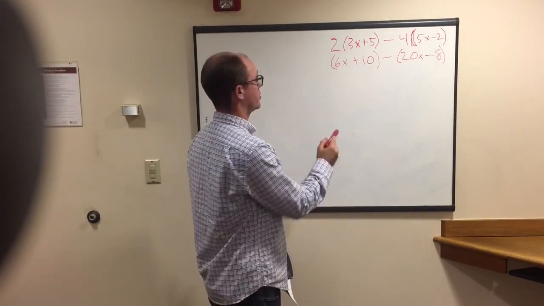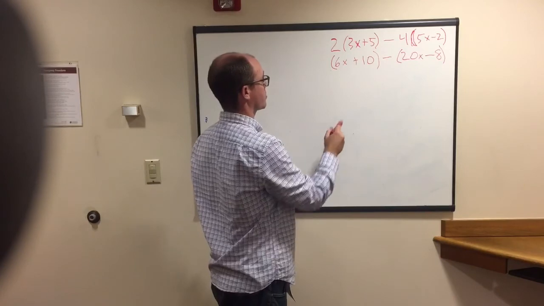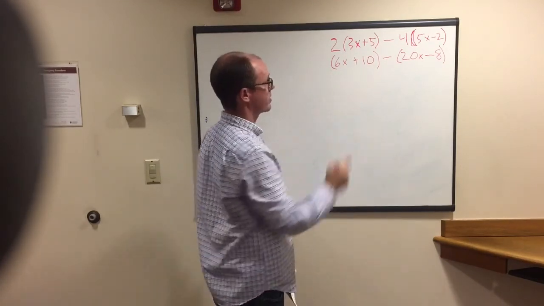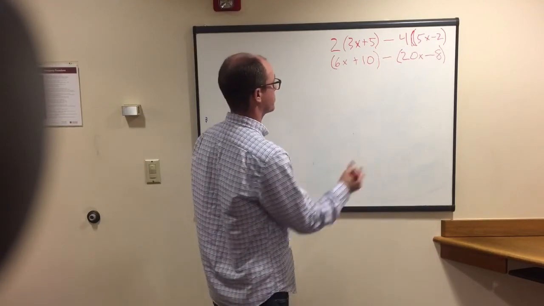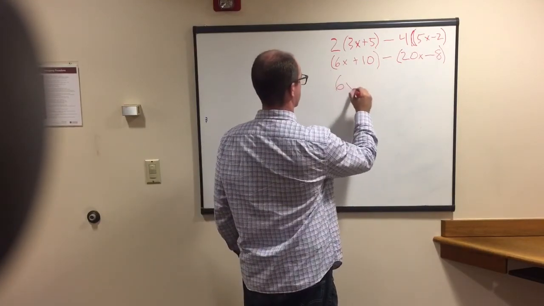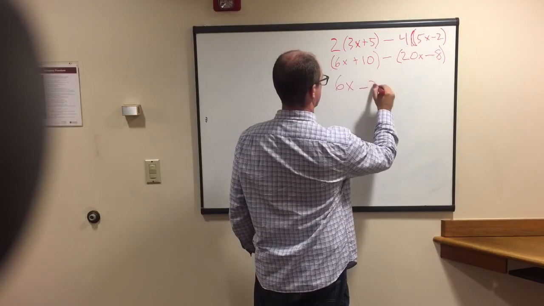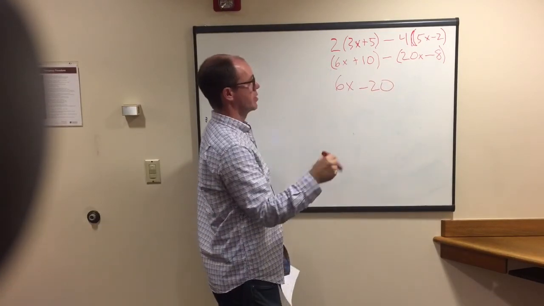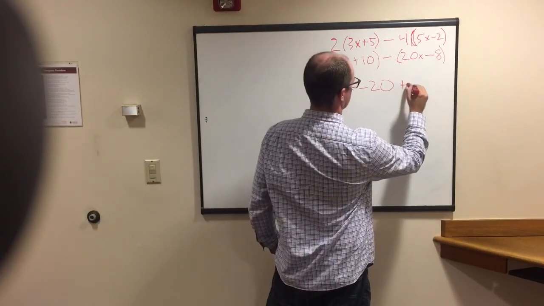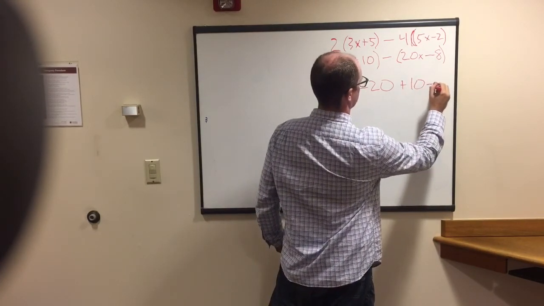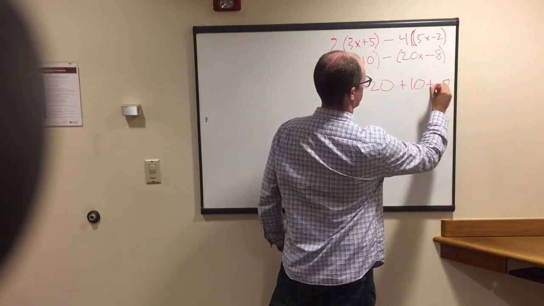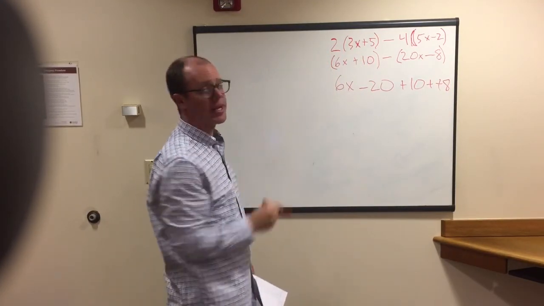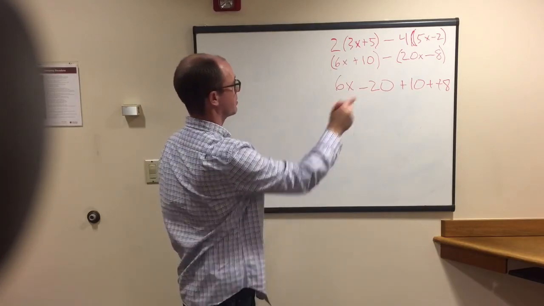So what we want to do here is combine like terms, right? So we'll do the 6x minus 20x and 10 minus negative 8. So we have 6x minus 20x, and then plus 10, minus negative 8, remembering that two negatives make a positive, so it's 10 plus 8.